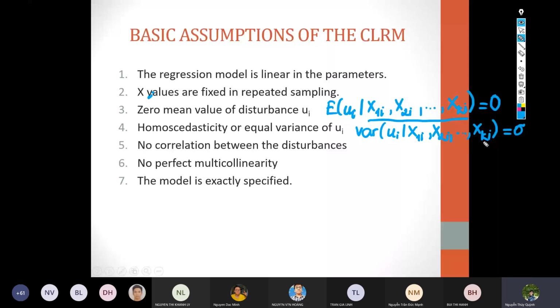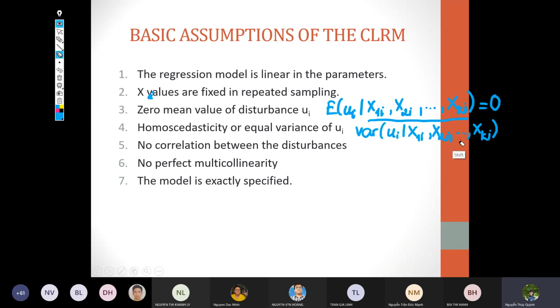Okay, I have a little, not much room here, which is equal to sigma square. Okay, the only difference is the condition. The condition here is not on one independent variable, but based on certain values of all the independent variables in the model.